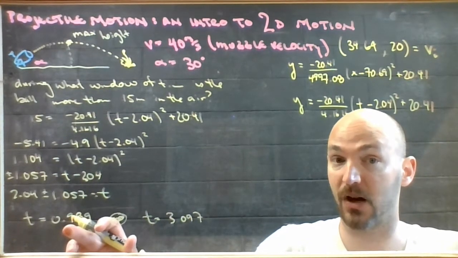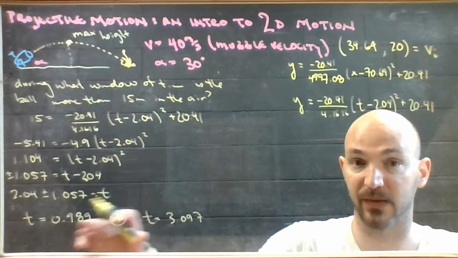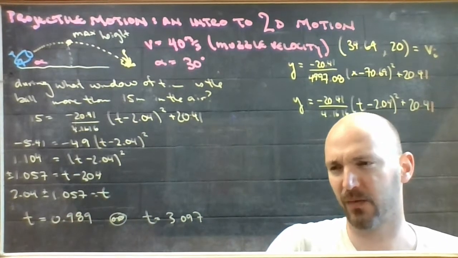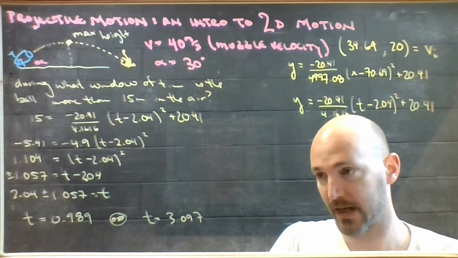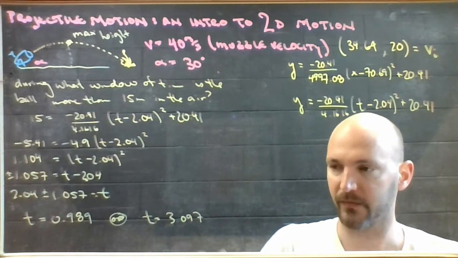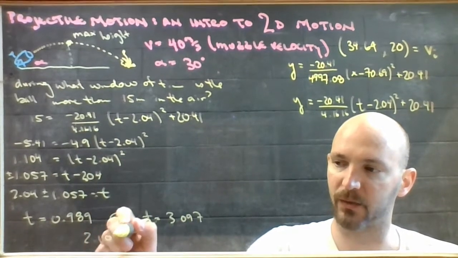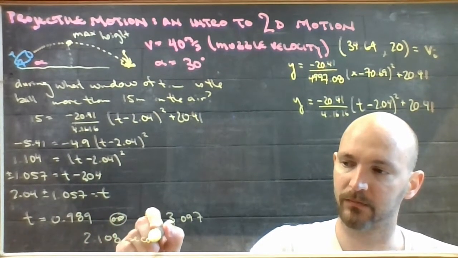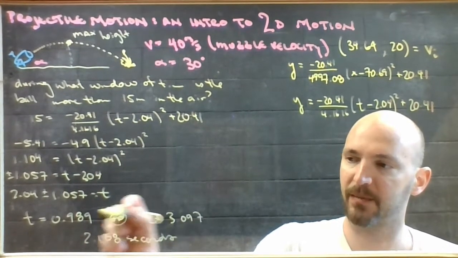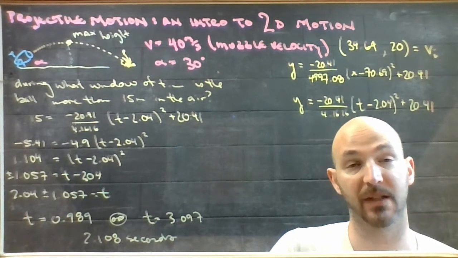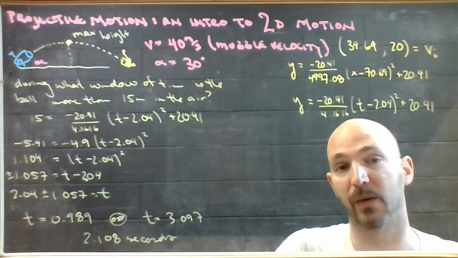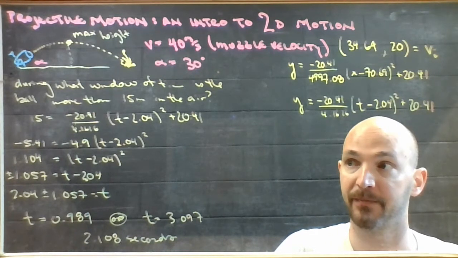This is when it starts. So the answer would be the difference between the two. So 3.097 minus 0.989 is 2.108 seconds. So this minus this gives you this. So how long is the ball more than 15 meters in the air? 2.108 seconds of the flight time.